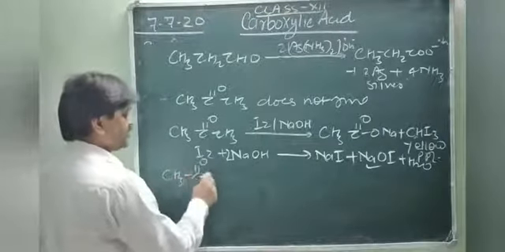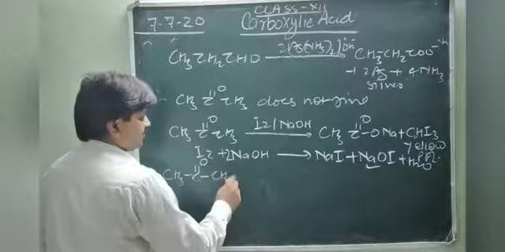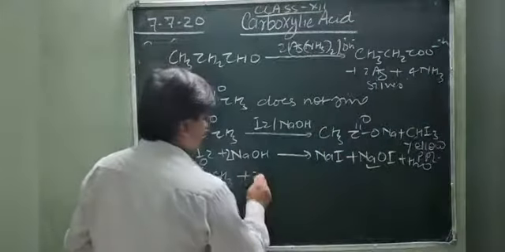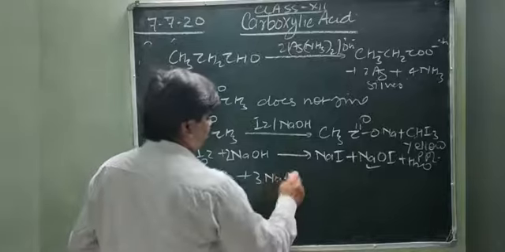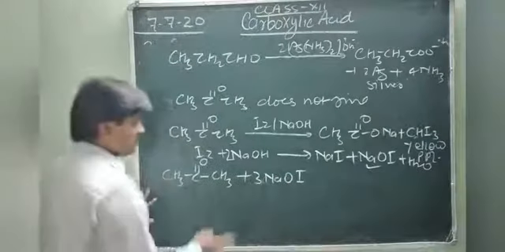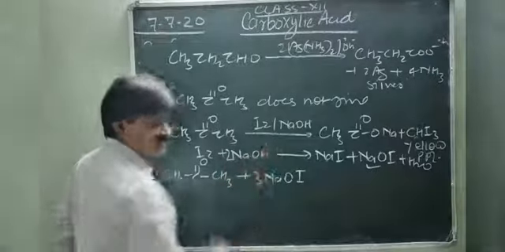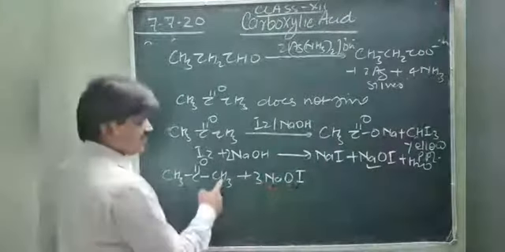When acetone CH3COCH3 is treated with sodium hypoiodite, the three hydrogens react with 3 NaOI, and are released in the form of 3 NaOH, and three iodines take their place.